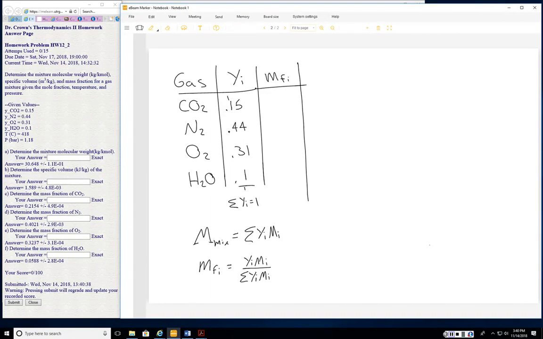And so if we were trying to find the mass fraction for CO2, it would simply be y of CO2 times the molecular weight of CO2 over the summation of all of them.